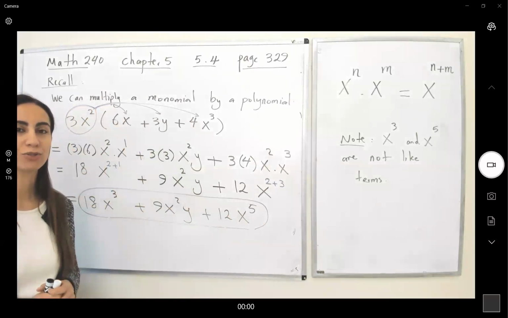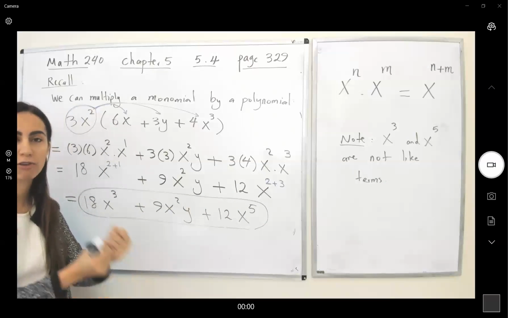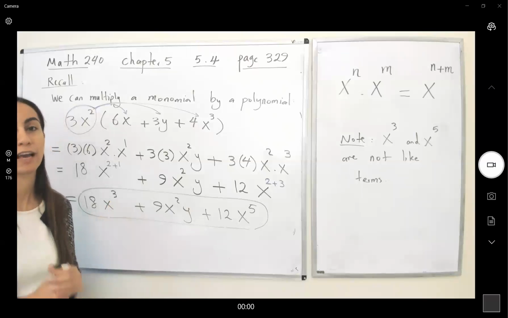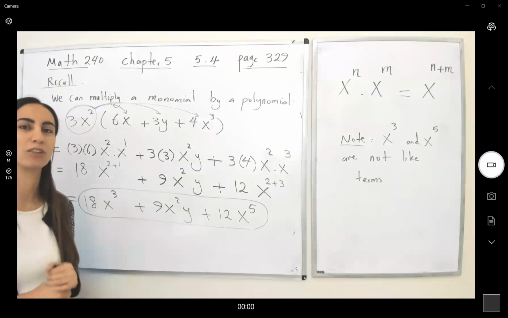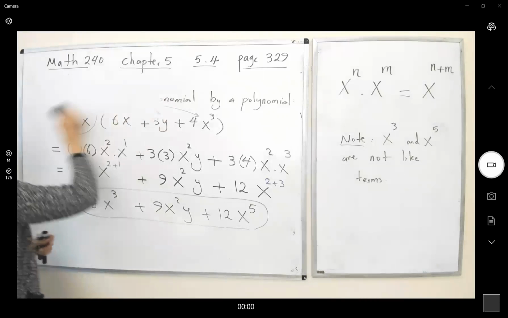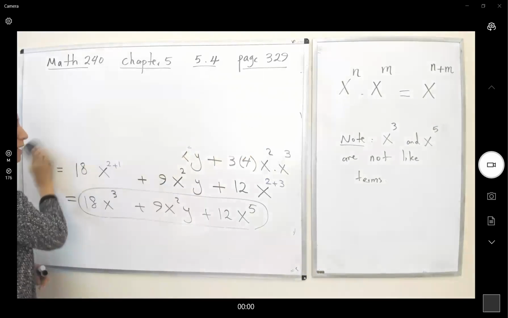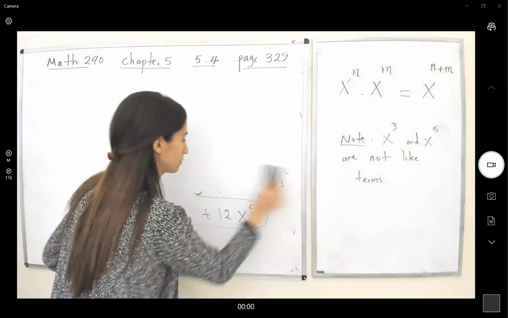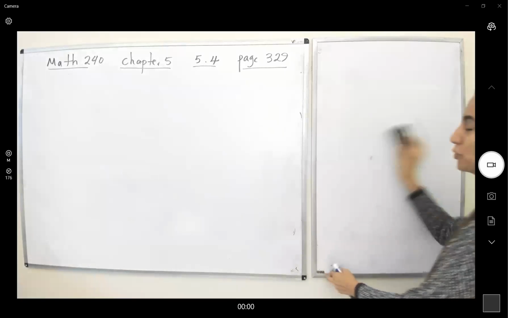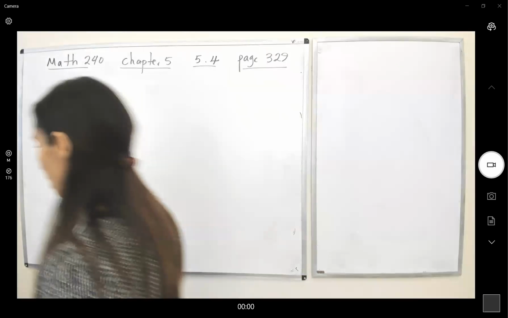Now we're going to learn how to factor out a monomial from an expression or a polynomial. Very well. So let us start with one example. We're going to explain factoring through one example.